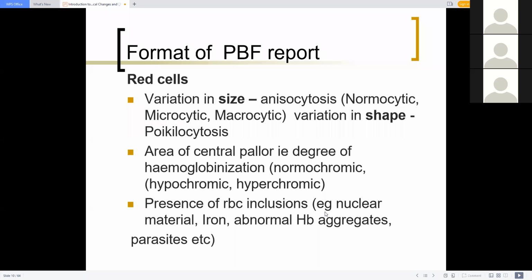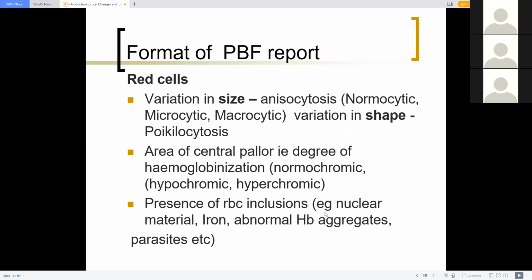So microcytic cells will have a mean cell volume of less than 76 femtoliters, which means the cells are small, all right? And if the cell is large, we call that a macrocytic red cell, all right? Macrocytic red cells will have a mean cell volume which is greater than 96 or 97 femtoliters. So we call that macrocytic red cells.